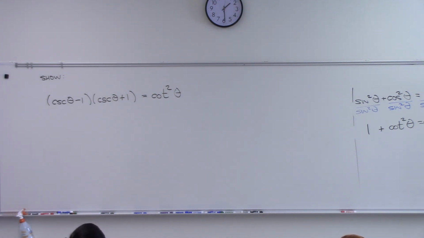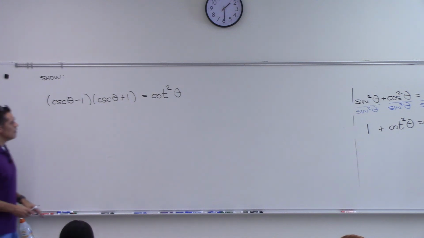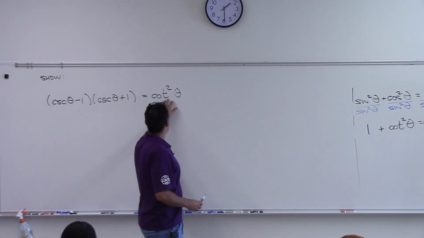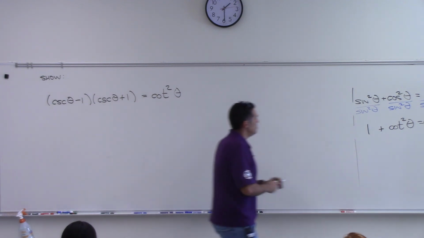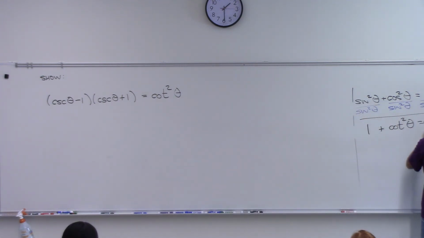What would you like? Well, I was going to ask, can cotangent squared theta turn into cosecant squared theta? We could start with this side, but if we did that, we would have to use this Pythagorean identity right here and solve it for cotangent squared theta, which means it would be cosecant squared theta minus 1, right? We could do that.